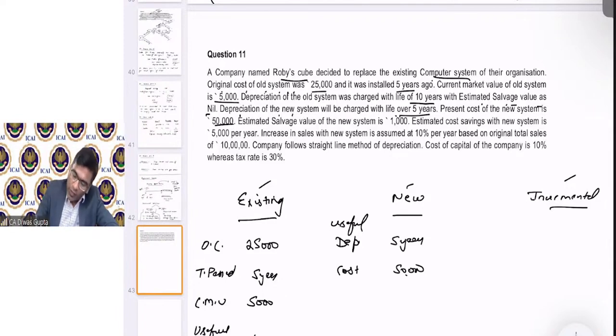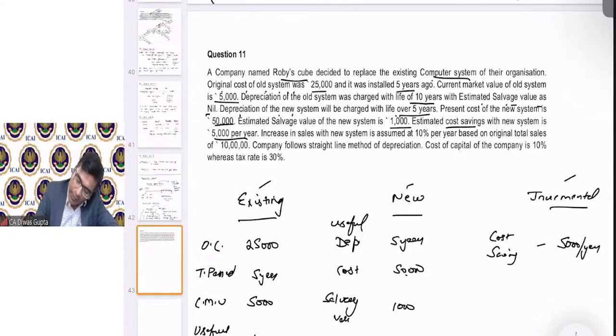Estimated salvage value of the new system is 1,000. Estimated cost savings with the new system is 5,000 per year. Now this is an incremental data point, right? So cost savings incrementally is happening 5,000 per year.